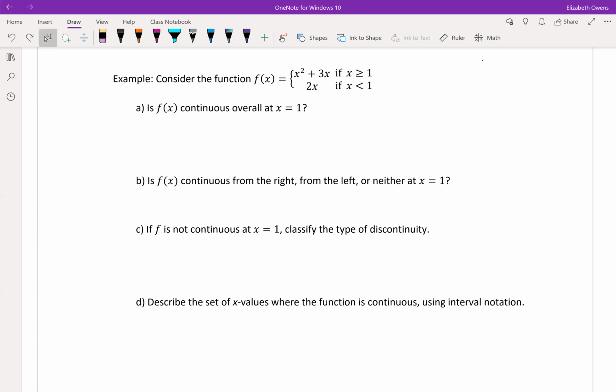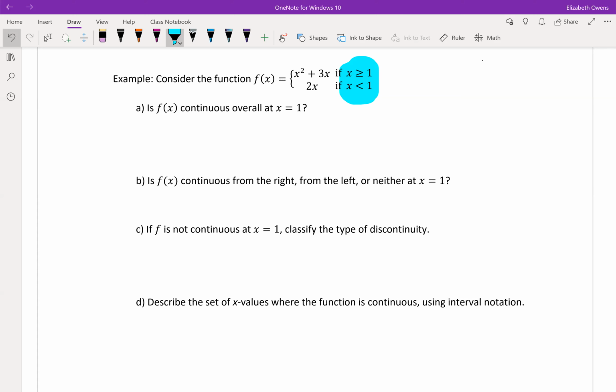So you can guess maybe what the point is that we need to focus on here. The place where we're liable to have a discontinuity would be at x equals 1, because that's where we're going to be shifting from one piece of this function to the next.